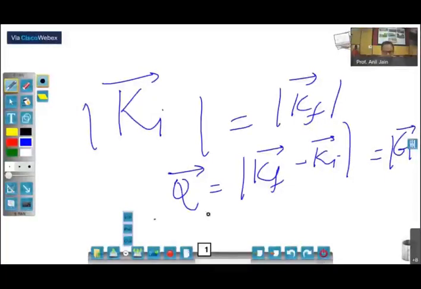So when Q becomes a reciprocal lattice vector of your sample, then you get the diffracted beam.